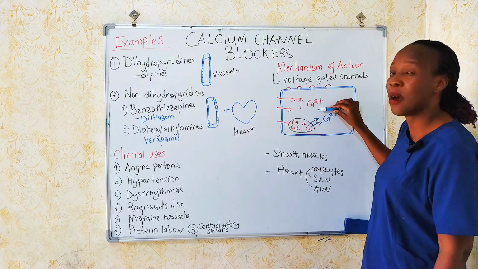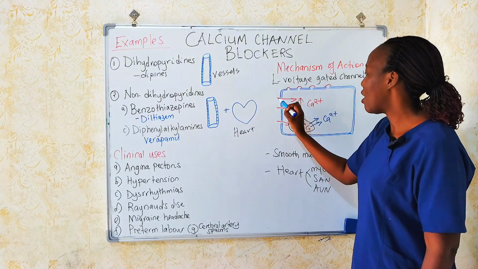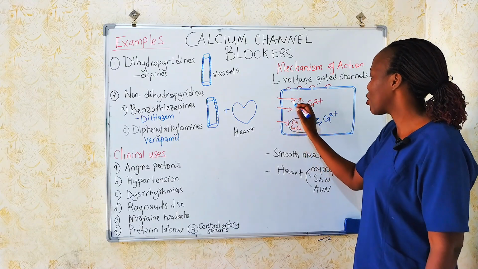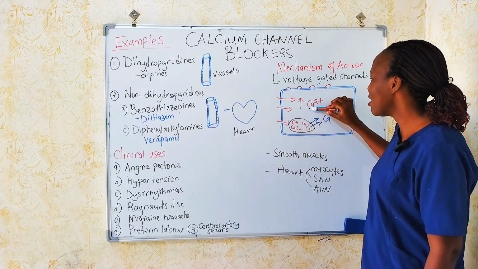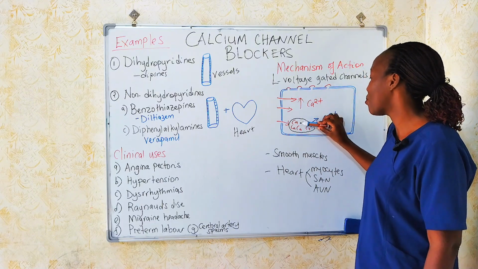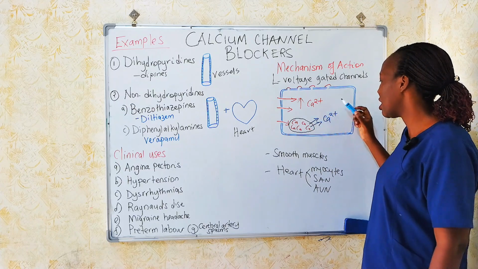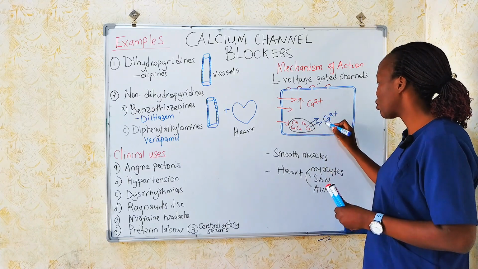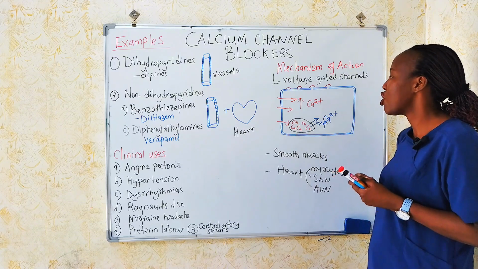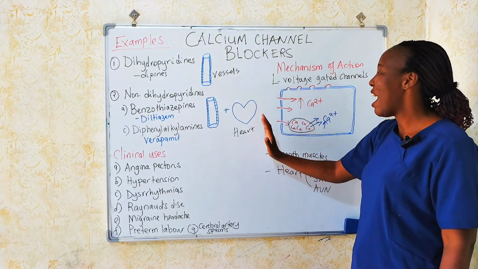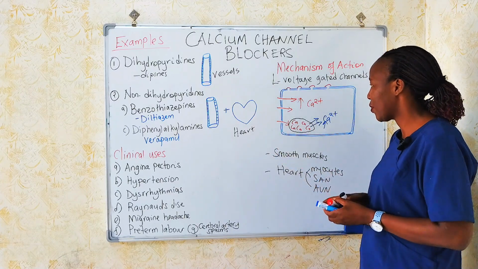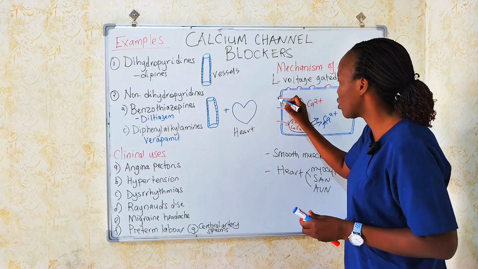Calcium-induced calcium release. So through the calcium channels, the L voltage gated channels, calcium is going to enter the cell, and then the increase in intracellular calcium is going to trigger release of calcium from storage sites in the sarcoplasmic reticulum. And of course, that is also going to result in an increased calcium concentration, which increases the force of contraction and the heart rate. Now, when you block these channels, of course, again, we are going to plug them.